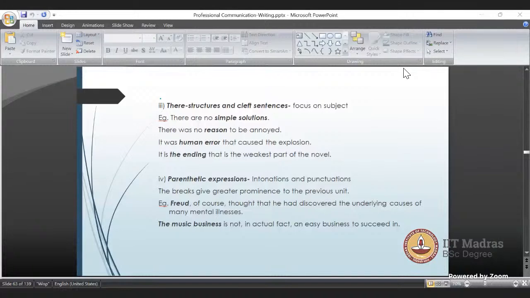Similarly, when you want to underline the importance of a particular thing, when you want to talk about the prominence of something, the way you give emphasis, or the way you stress upon that part, is by raising the tone, right? You use a rising tone.